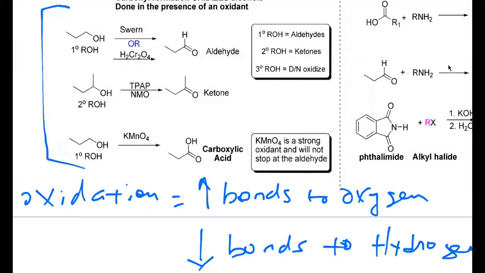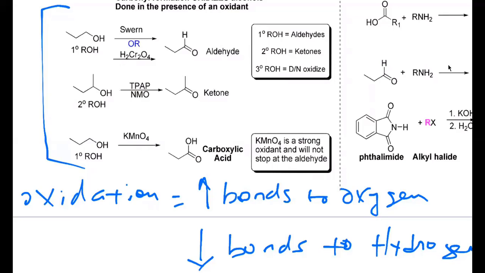Right? So that's how we define oxidation, is increasing the number of bonds to oxygen or decreasing the number of bonds to hydrogen. And then reduction is the exact opposite. Reduction means that you decrease the number of bonds to oxygen or you increase the number of bonds to hydrogen. Right? So reduction is the exact opposite of what's written here.